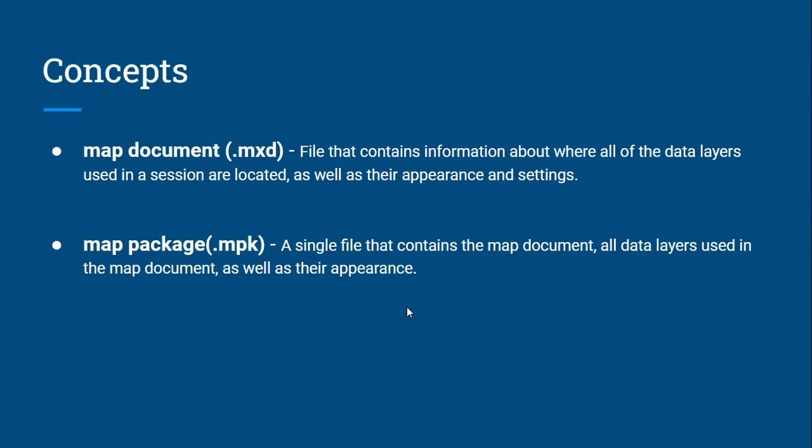This is a file that contains the map document and all the data layers used in this map document and their appearance. So if you share this map package with your friend, then your friend can open your project in ArcMap.